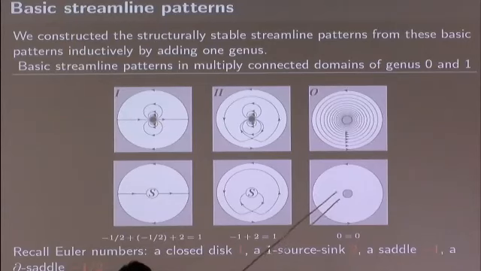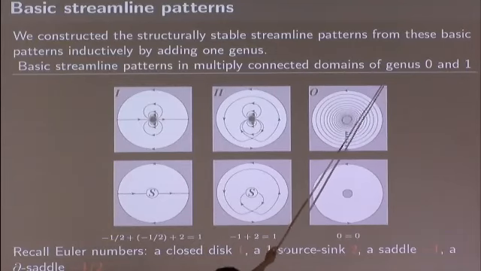Genus 0, which of these diagrams? Genus 0 is 1, 2, the four of them. Yes, and 2 are genus 1. Genus 1, exactly. We consider the double, and we get the torus, and we get the sphere. So genus means the number of cylinders in the domain. Exactly.